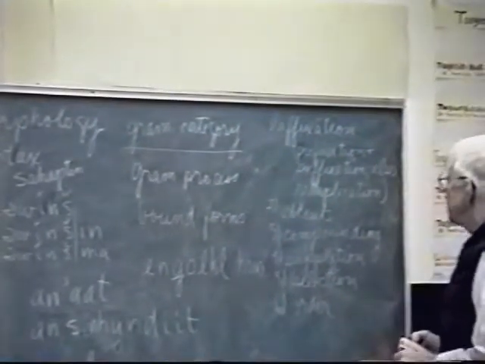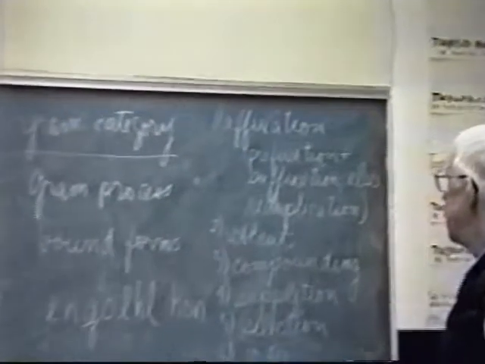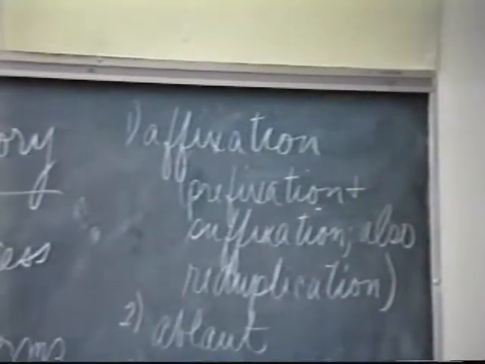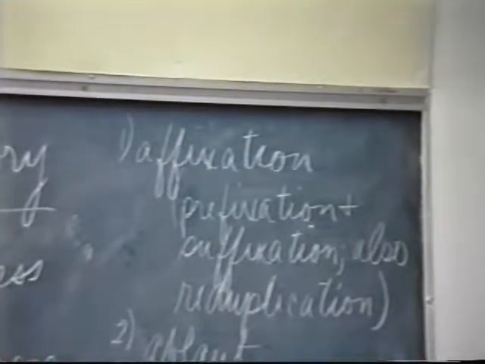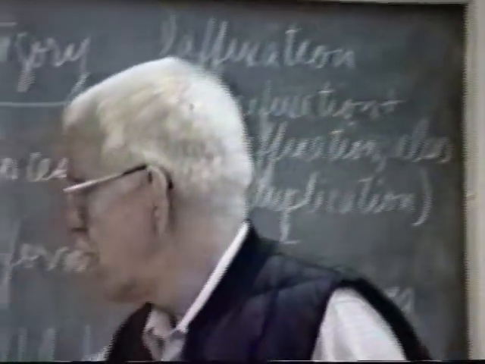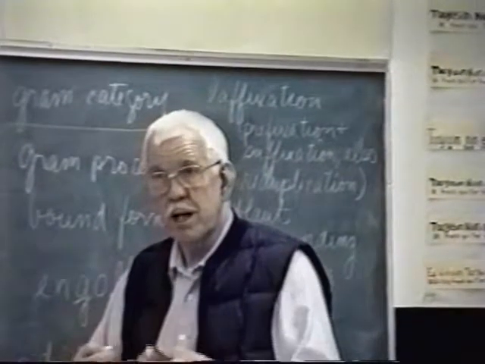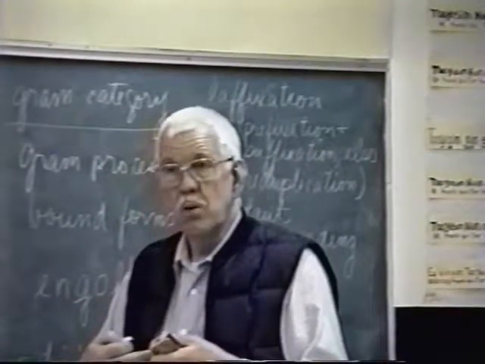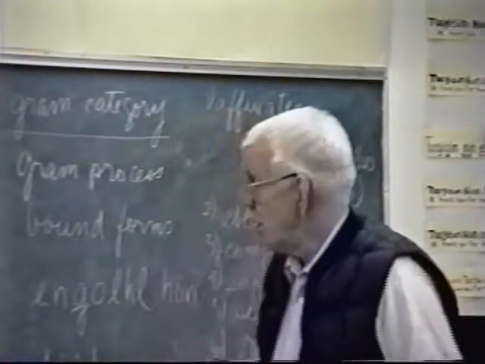Reduplication is another kind of prefixation, but it's where the prefix doesn't have a constant shape. Like notice an always stays the same no matter what we put after it, or ha always stays the same.